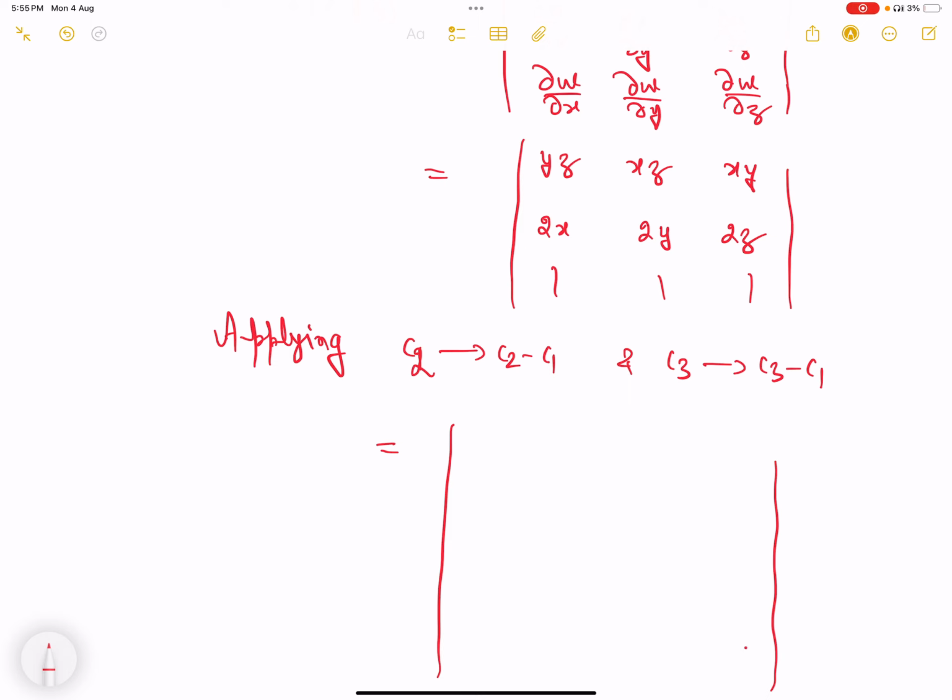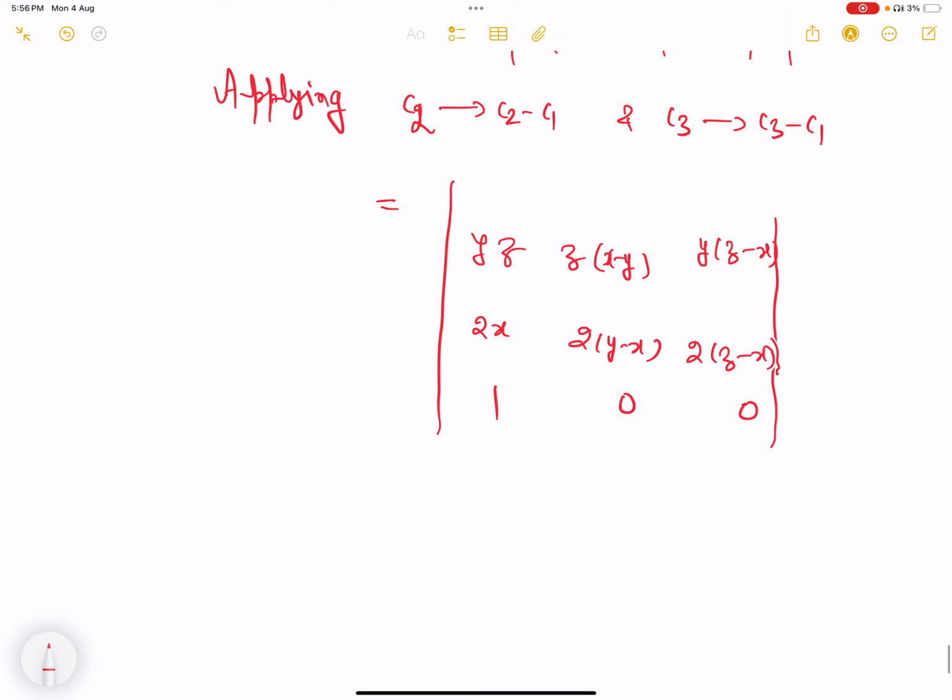The first row will be yz, then z(x minus y), then y(x minus z) after correction; the second row will be 2x, 2(y minus x), 2(z minus x); and the third row will be 1, 0, 0.